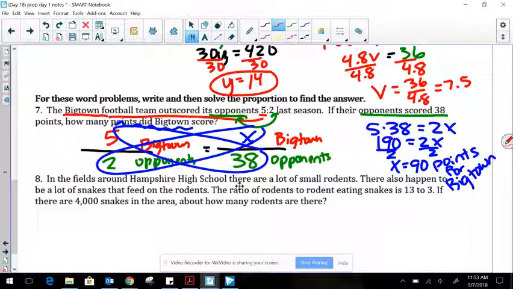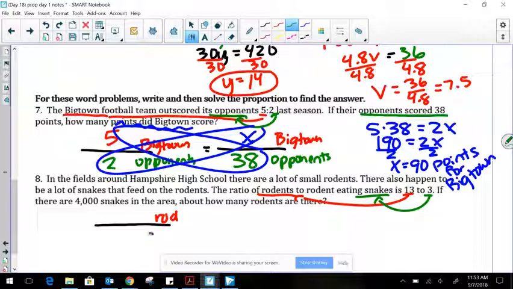So first I see, okay, I'm talking about some rodents and some snakes. So the 13 goes with the rodents. The 3 goes with the snakes. Let me show you my setup. So rodents are on top, snakes are on the bottom.